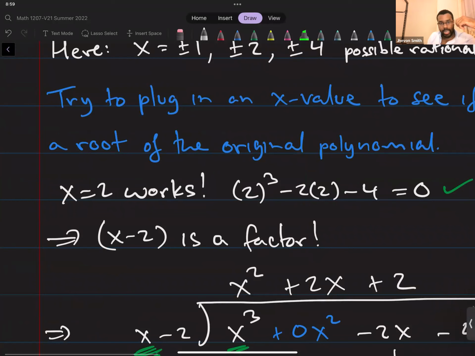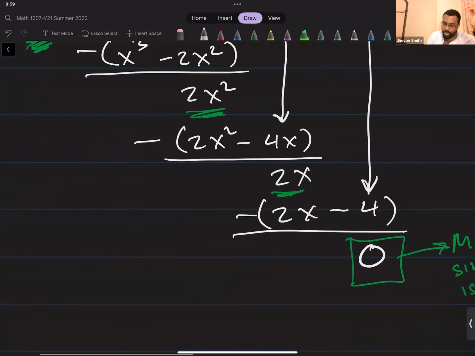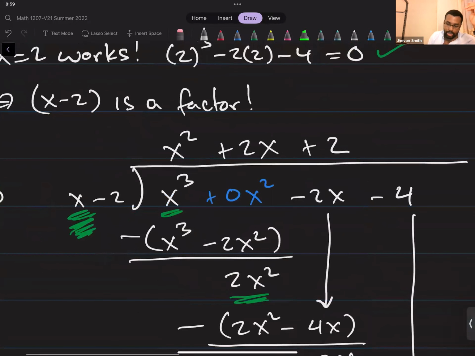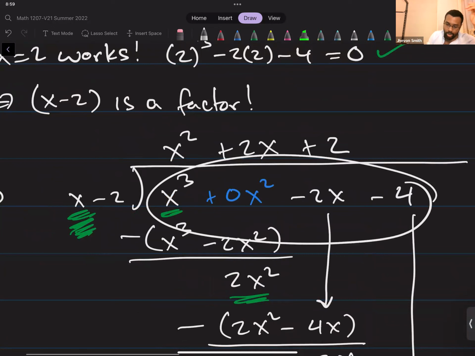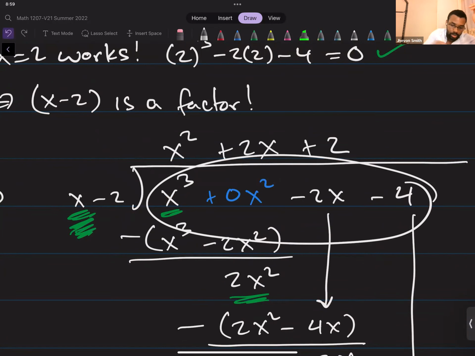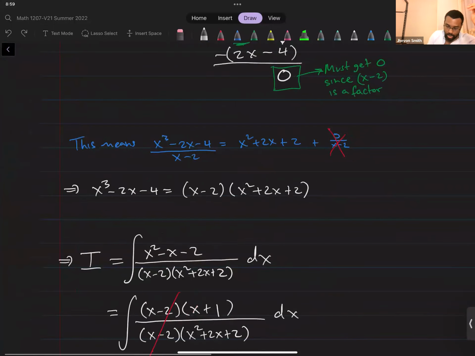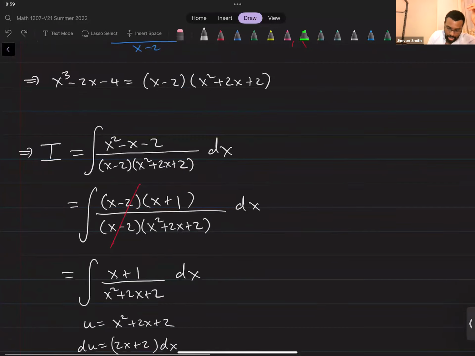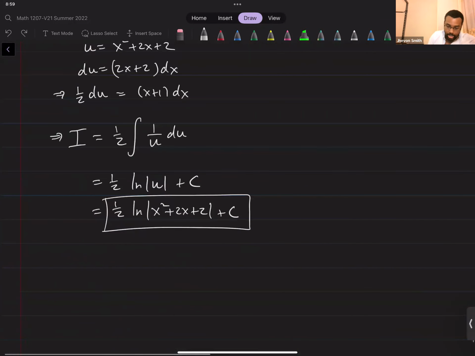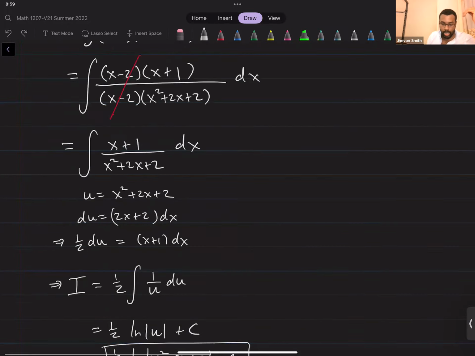When you find something that gets 0, it means x minus that thing is a factor. So you can divide by it and get 0 as a remainder. And what that means is that this guy is going to be this guy times that guy. So once we have that, I can swap him in, and then it simplifies. And then at this point, I think of it as a whole new integral, and I go through my steps again.